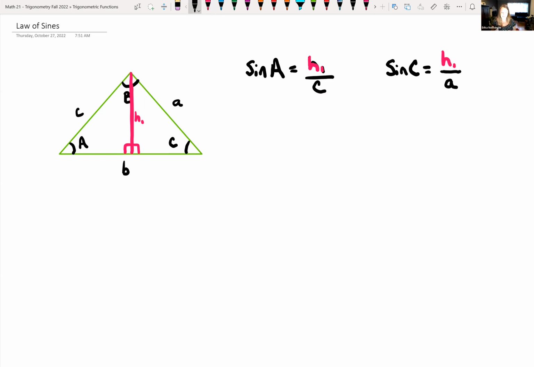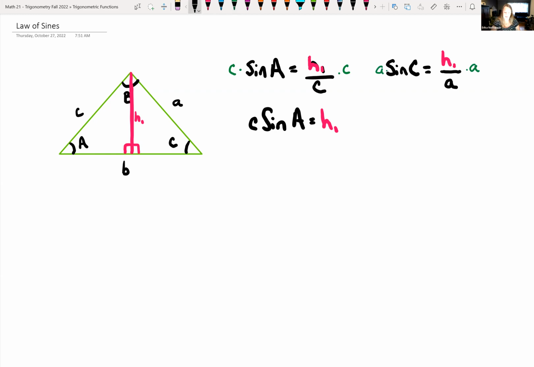So notice both of these have h1 in common. So let's solve for h1 in each case. All we're doing is getting rid of the denominator. For the first equation, sine A equals h1 over c, we're just multiplying both sides by c. So we get c sine A is equal to h1. Doing the same idea for the second equation, we solve for h1 by multiplying both sides by a.